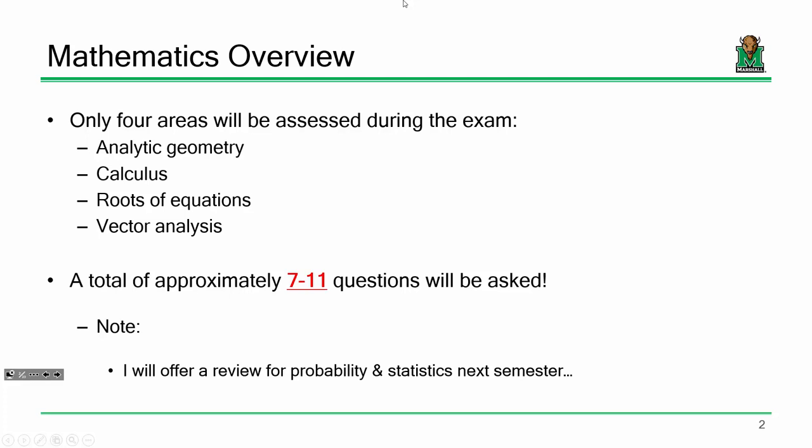For instance, analytic geometry covers algebra, geometry, trig, conic sections. That's a lot right there, but they just summarized their descriptions fairly succinctly. There's also calculus, roots of equations, and vector analysis, and to be honest, that's kind of all she wrote when it comes to the math on the exam.